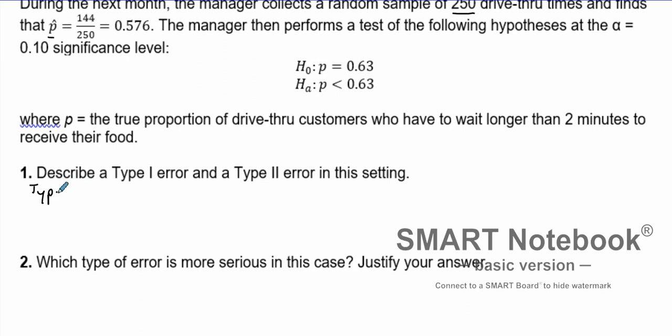So type 1 is where the null hypothesis is true.